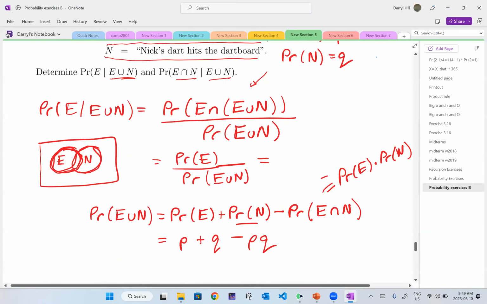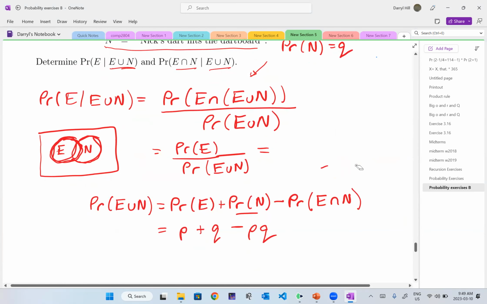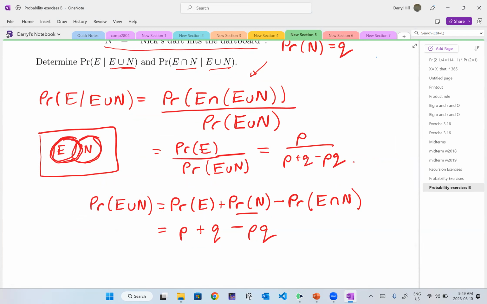So this is equal to P over P plus Q minus PQ. Which is not the nicest result, but by using independence and a few set operations, it's easy to compute.